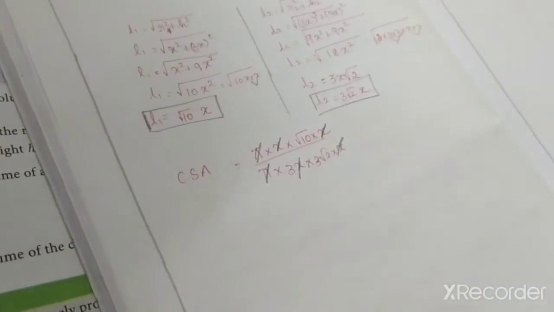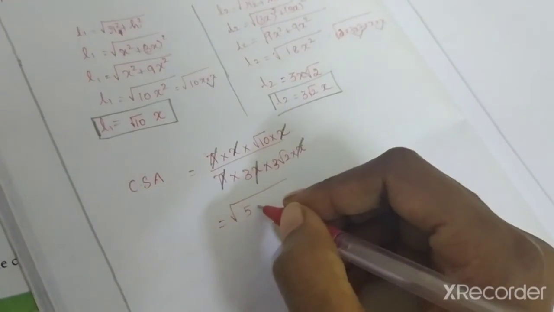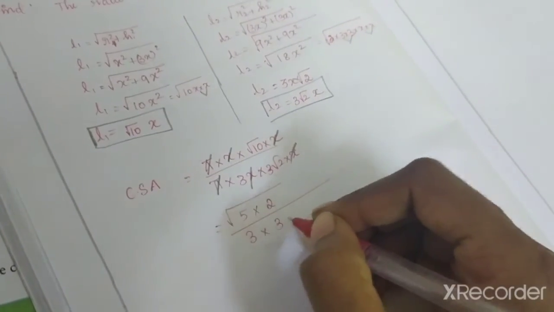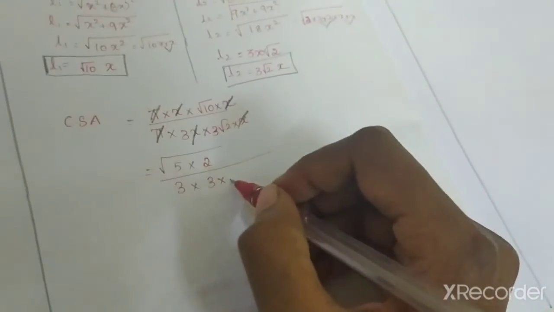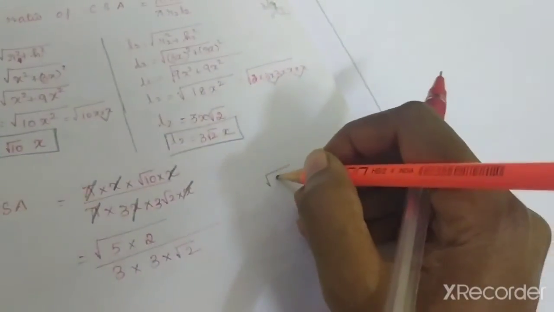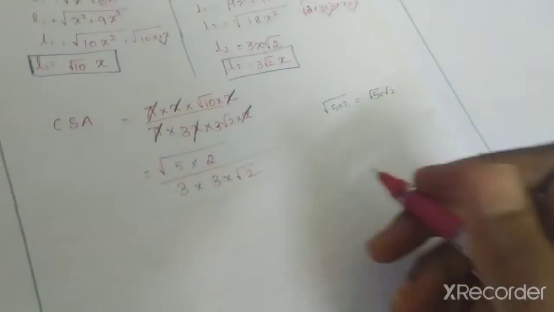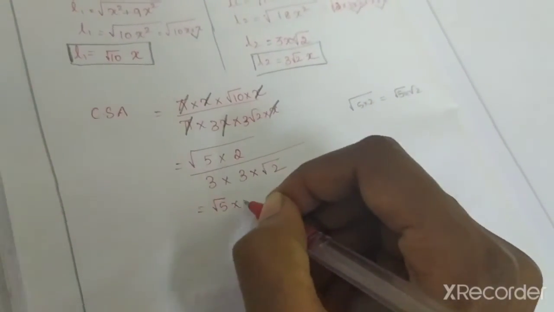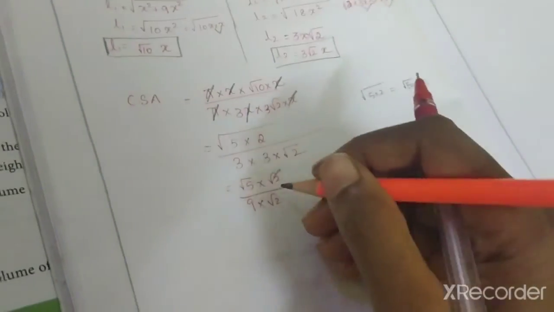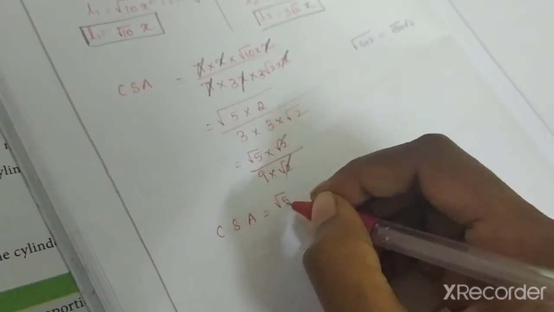Then what can I have? Root 10, how can I write it? 5 into 2 by 3 into root 2. So root 5 into root 2 by 3 into 3 into root 2, that is 9 into root 2. This root 2 cancels. So the ratio of the CSA is root 5 by 9.